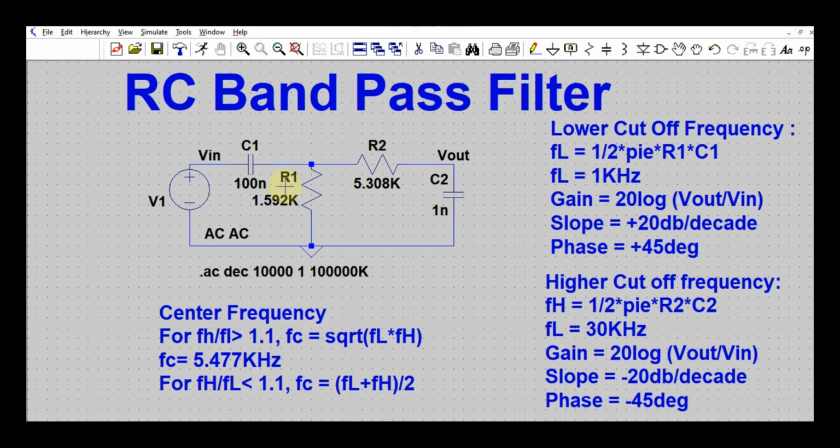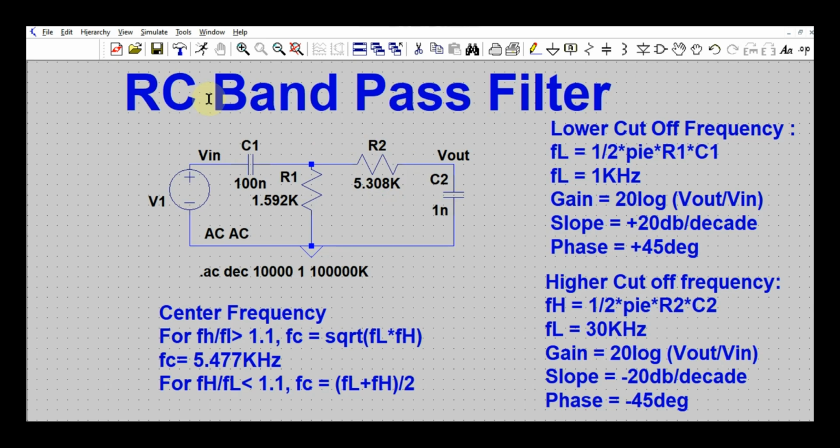If you remember from the previous video, C1 and R1 form a high pass filter, and R2 and C2 form a low pass filter. So what is a band pass filter? A band pass filter is basically a cascading of a high pass filter and a low pass filter.